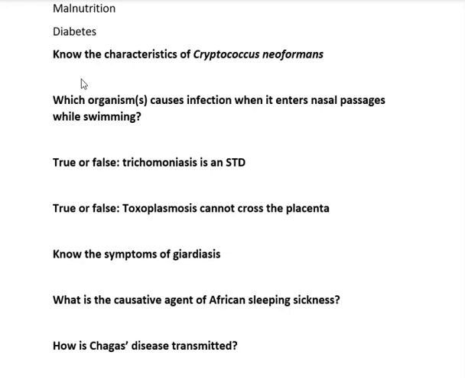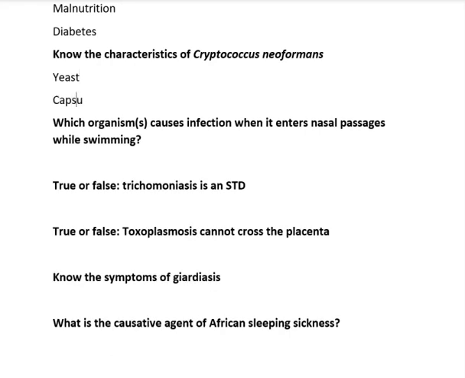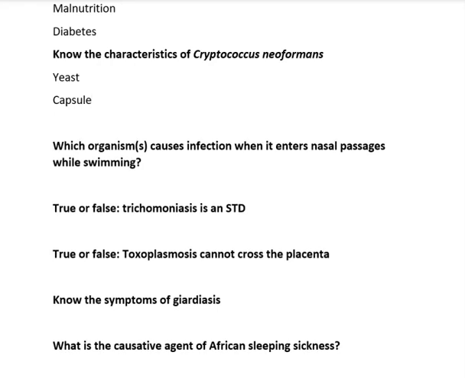All right, know the characteristics of Cryptococcus neoformans. What do I want you to know about Cryptococcus? Well, it's a yeast. It has a prominent capsule. It's going to usually enter the body through inhalation.